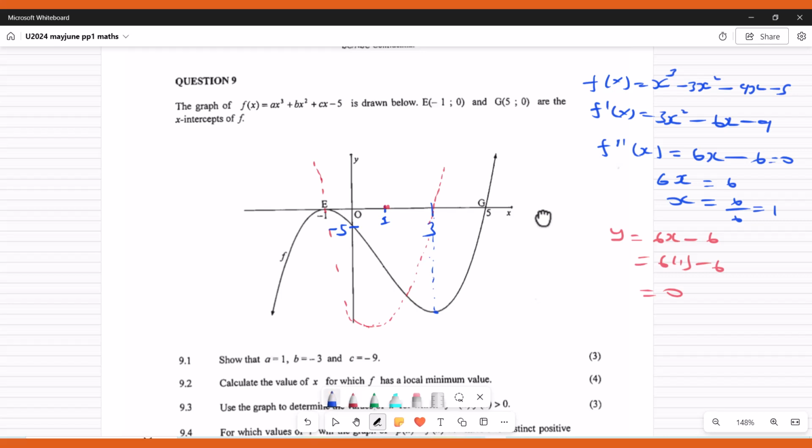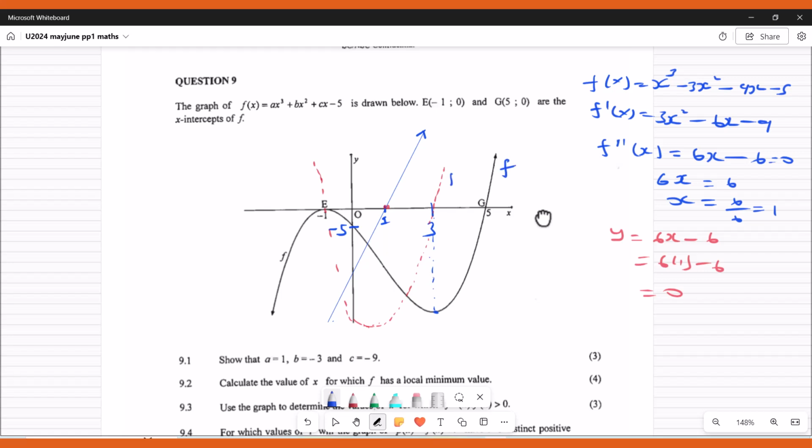So it goes like this, having a positive gradient, passing there like that. Okay. Now the question says here that this is my function f of x.